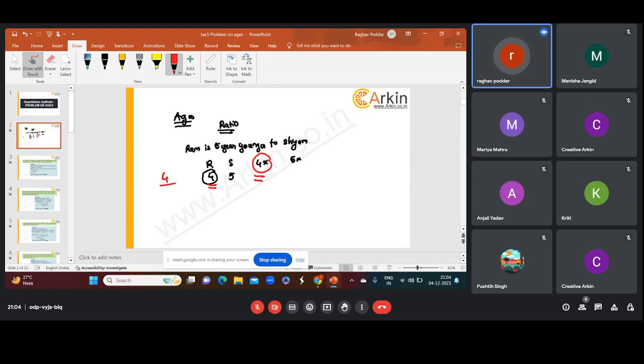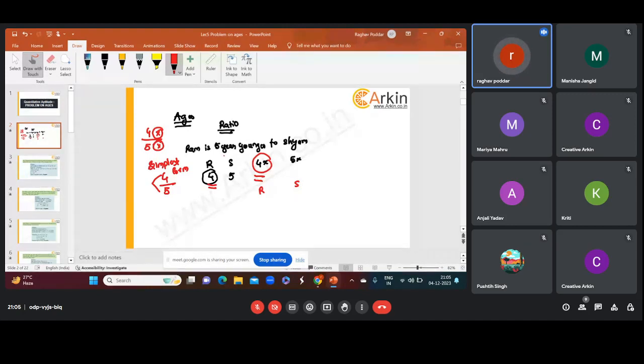We know that the ratio are always represented in simplest form. That means they have been cut by any common number, upside and downside. So I have taken this as x. So I have taken Ram's age as 4x and Shyam's age as 5x.